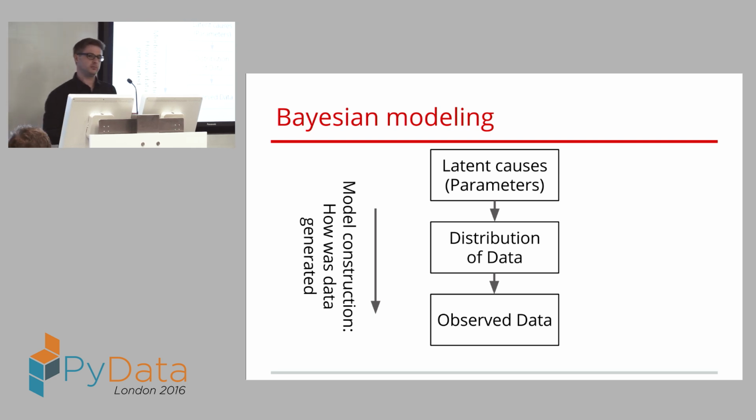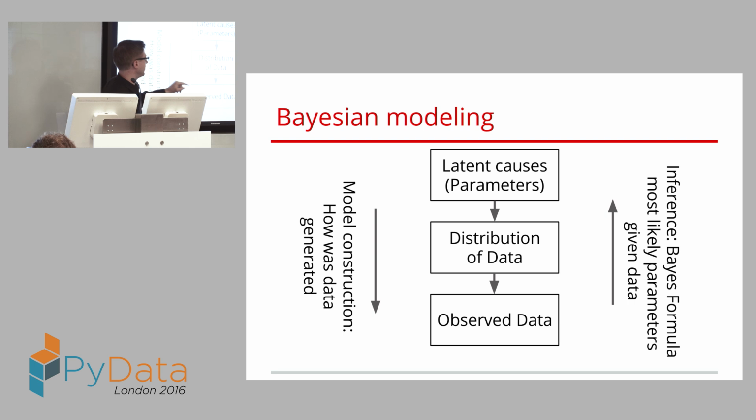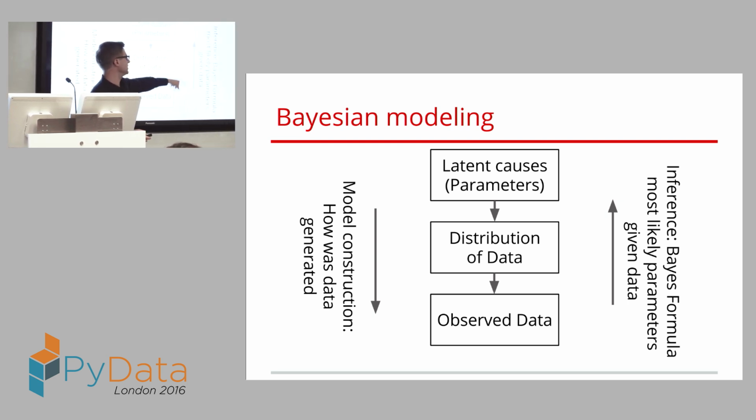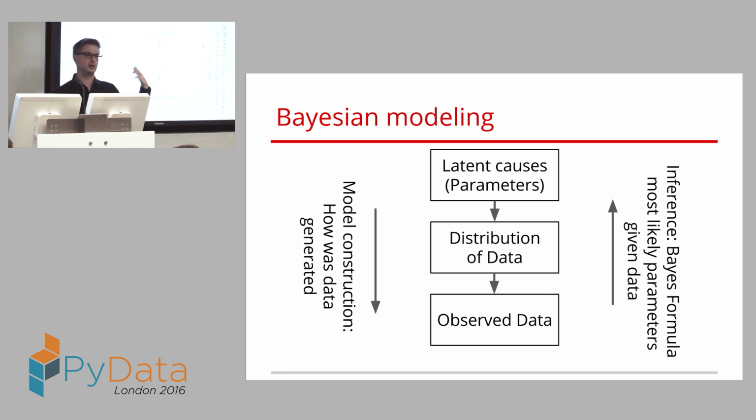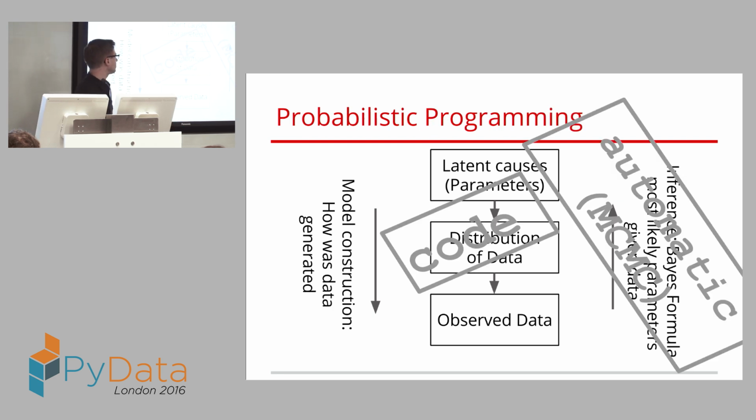So that's Bayesian modeling. Now, probabilistic programming is essentially the implementation of that. So this is how you construct the model, and this is how you do inference backwards. And this is just applying Bayes' formula, which inverts that model and gives you the most likely latent causes for the data that you have observed.